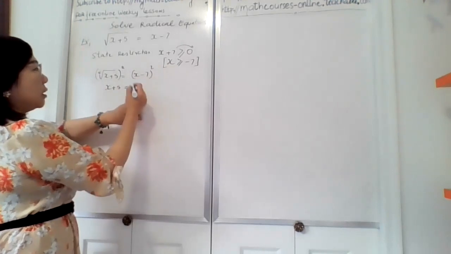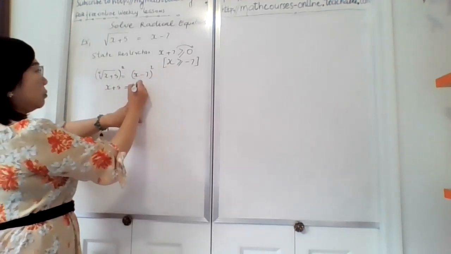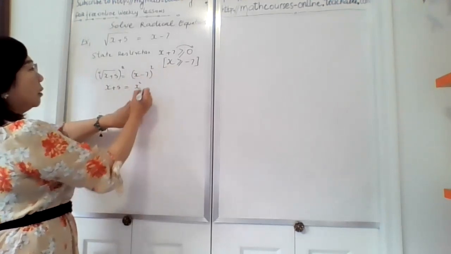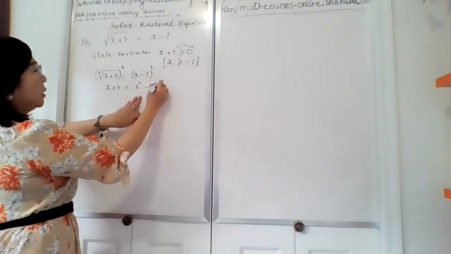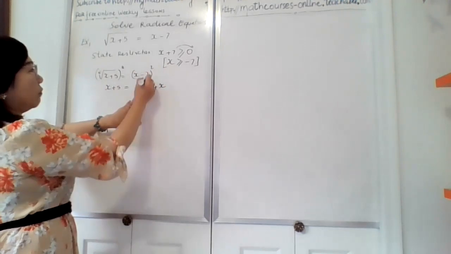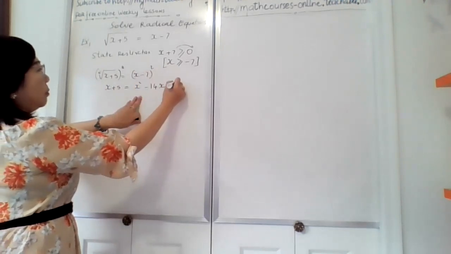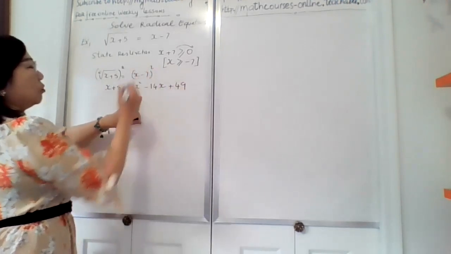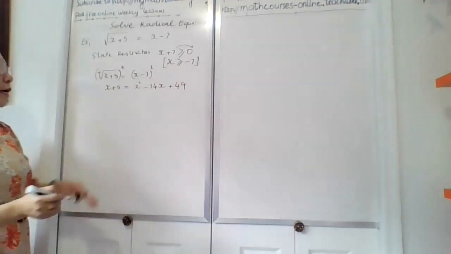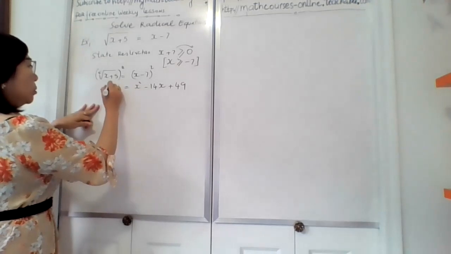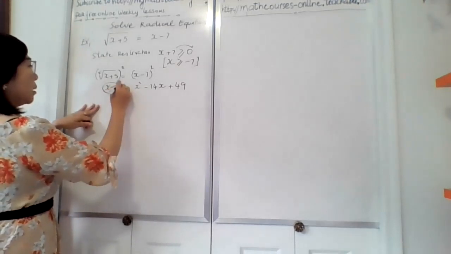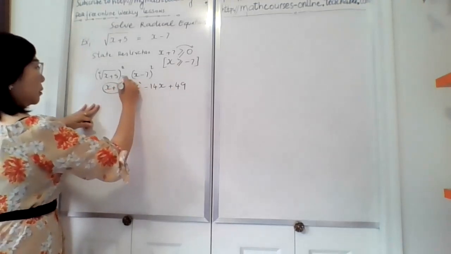But I'm going to use the algebra formula. This will be equal to x squared minus 2 times 7 times x, which is 14x. That's how I use the formula. This will be plus 49, 7 squared. So that becomes 49. Now I am going to move everything to the right-hand side.